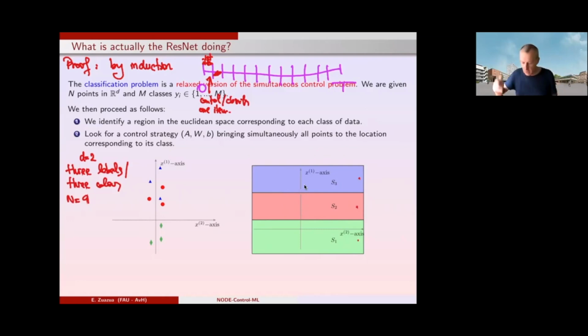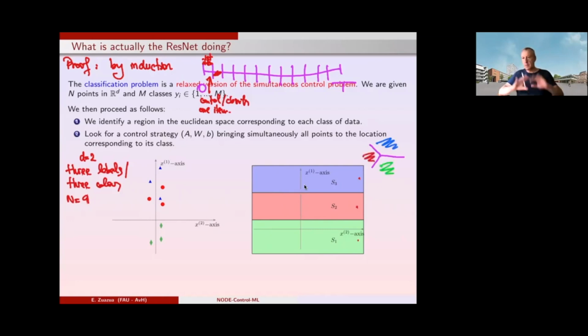Of course, there are many other ways to achieve this classification. I could have also divided the plane into 3 sectors and said this is the sector for the blues, this is the sector for the reds, and this is the sector for the greens.